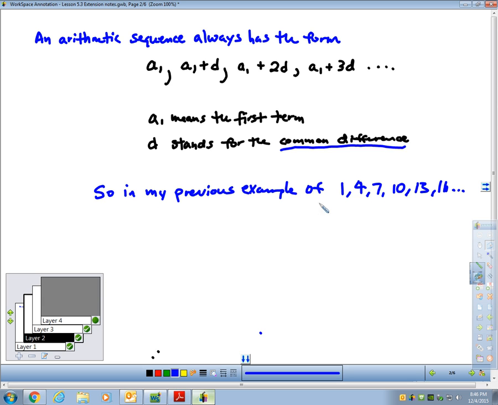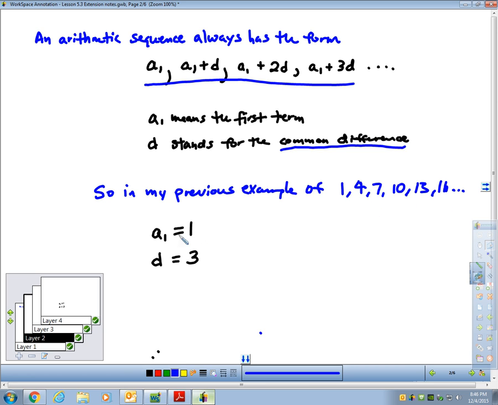So in my previous example of 1, 4, 7, 10, 13, 16, a sub 1 would be the first term, and the difference would be 3. I want to make sure you understand that this statement that I'm going to underline is producing this sequence. Here's how.